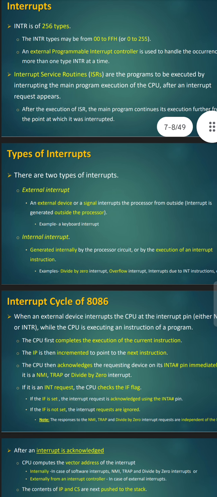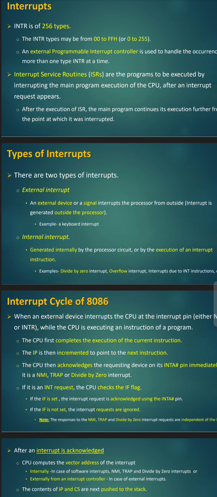Now, what are the two types of interrupts? The two types of interrupts are the external interrupt and the internal interrupt. What is an external interrupt? It is the interrupt coming from an external device. That is, an external device or a signal interrupts a processor from the outside, for example, a keyboard interrupt.